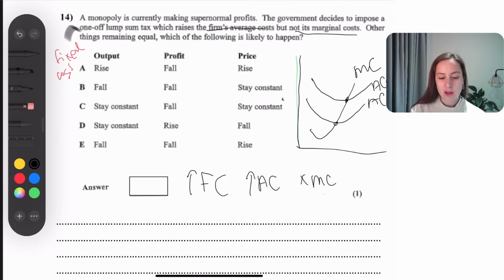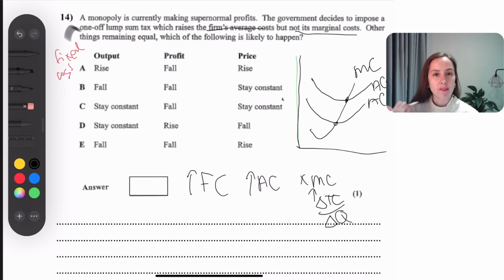But the short answer is your marginal cost doesn't have anything to do with your fixed costs, because your marginal cost is the change in your total costs. It sounds like it has something to do with your fixed costs, but it doesn't, because it's only the change that varies with your quantity, and fixed costs never vary with quantity.